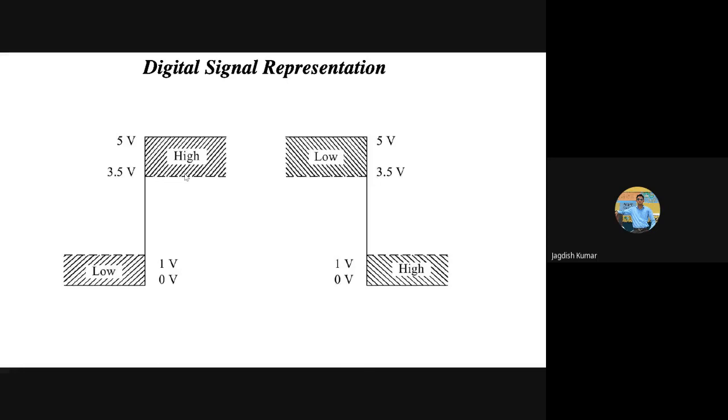Even if the voltage of the circuit is 0 or 0.1, something like 0.8, if it is even fluctuating in some range, say 0 to 1, it will be treated as low voltage, or it will be treated by our software as binary 0. And if the voltage is somewhere between, say, 3.5 volt to 5 volt, we decide this range, then we will say that the circuit is in the high state.